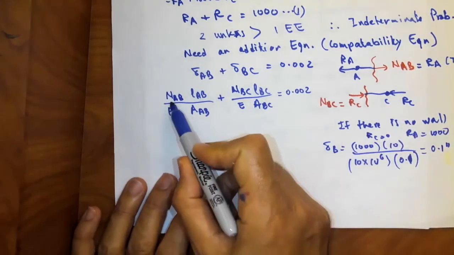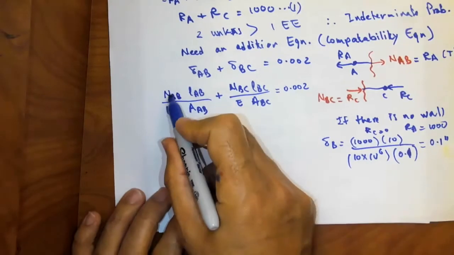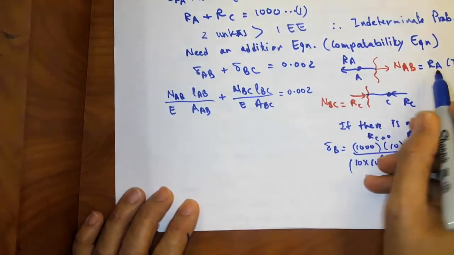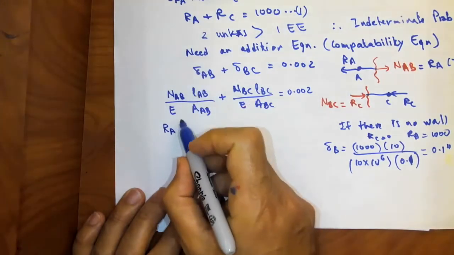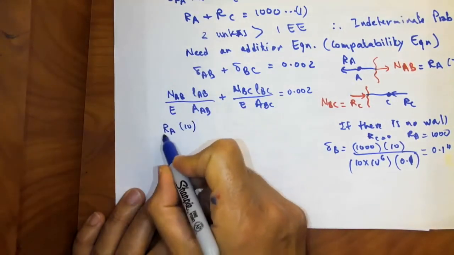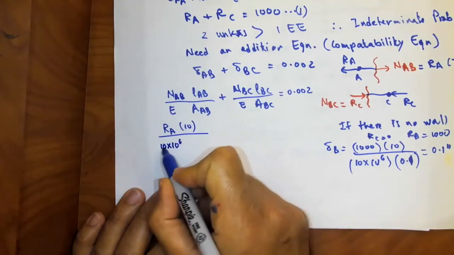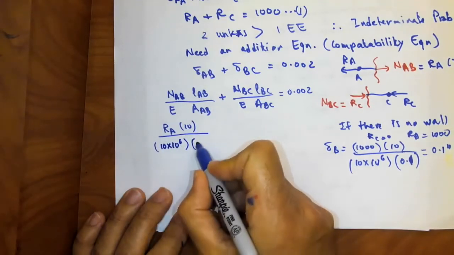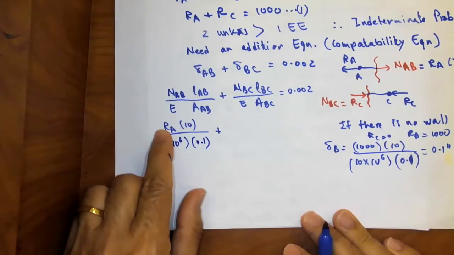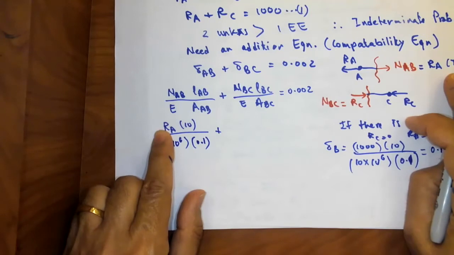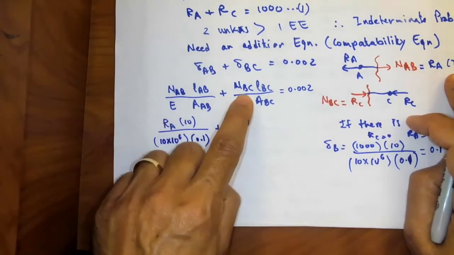So let me substitute. If I look here, I can substitute for NAB by RA. So I can come here and say RA. And for LAB, I can put 10 divided by 10 times 10 to the power 6 divided by 0.1 plus. And RA is positive because it's tension. Okay.